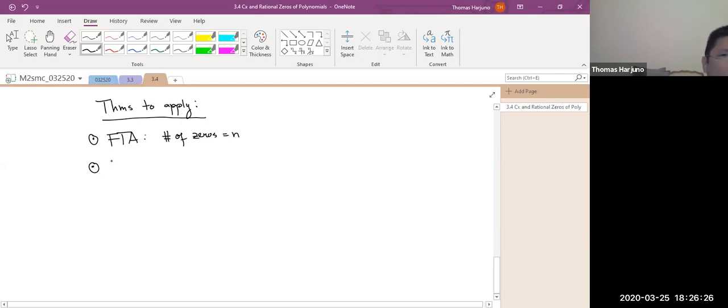I have to emphasize this: none of the theorems that we learned so far, including the rules, actually tell us exactly what the zeros are. It's not like a quadratic polynomial, where we can just factor it or use the formula and get the exact zeros right away.